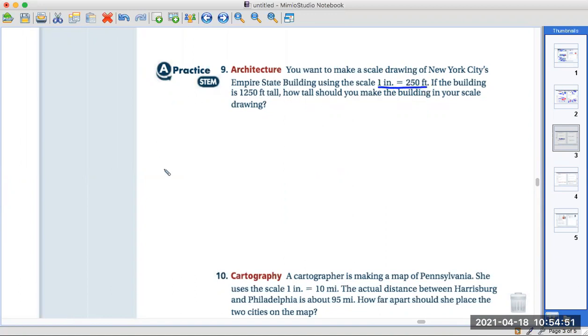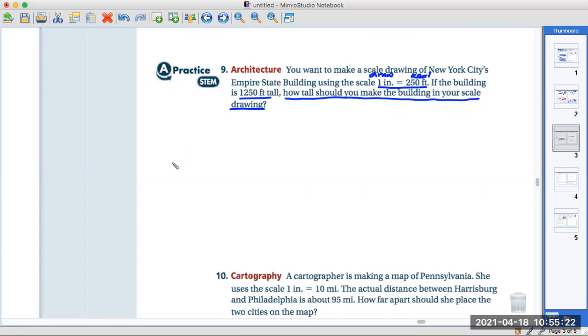So on your scale drawing, on your paper, each inch in real life is 250 feet. If the building is 1,250 feet tall, how tall should you make the building in your scale drawing? So the question is, how tall? I like to underline the question so not to lose sight of what it is we're doing. How tall should you make the building in your scale drawing?